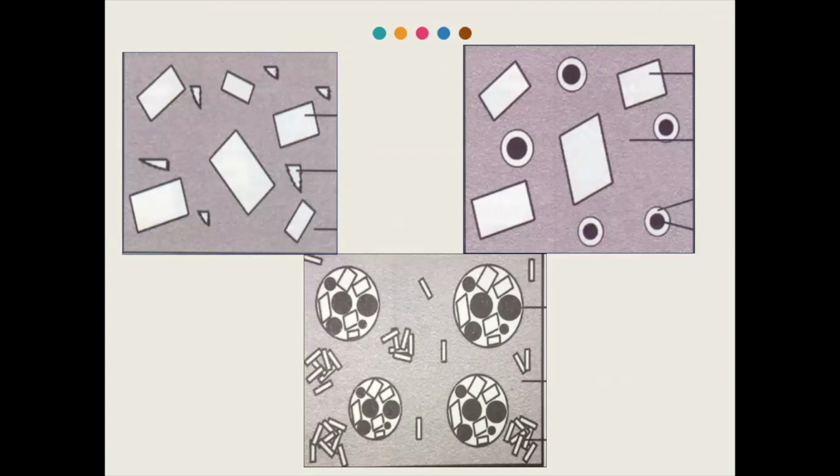Now these are the three pictures I have kept here just to differentiate between the three amalgams, that is low copper, high copper admixed and high copper unicomposition. In this picture, if you see the core and matrix, in low copper the core is formed by unreacted gamma. In high copper admixed, the core is formed by again unreacted gamma and unreacted eutectic, around which there is a halo of eta phase.